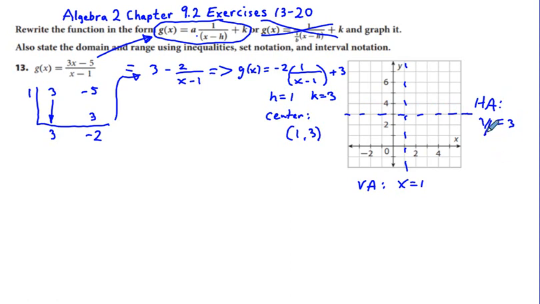So now we can concern ourselves with what this function is doing. We have a being negative 2.